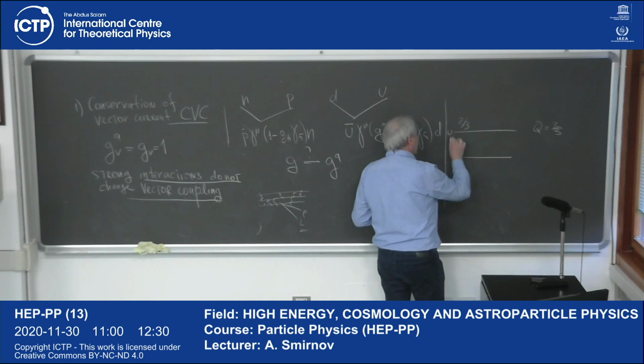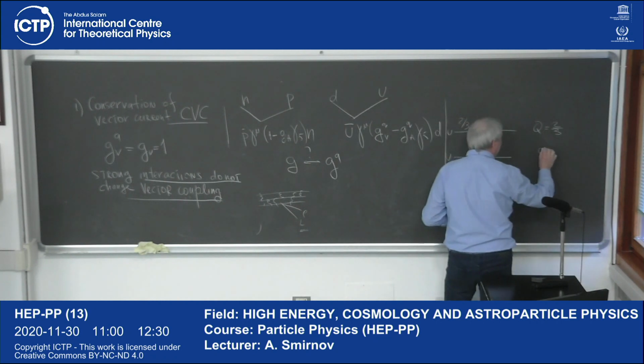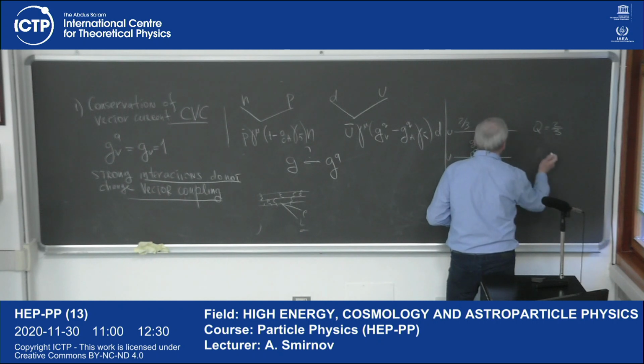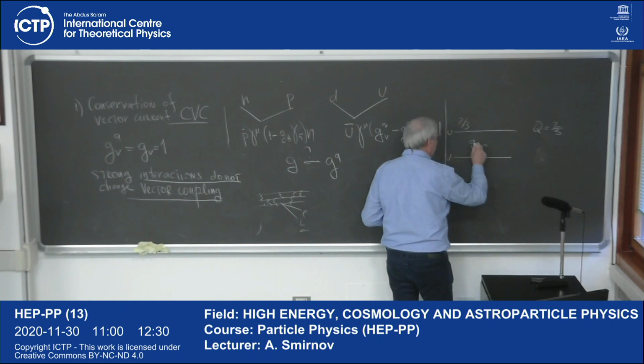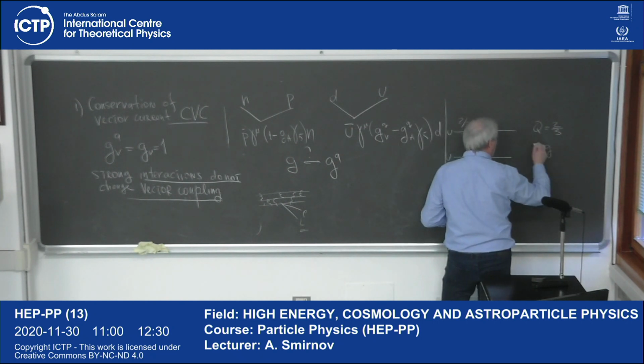According to strong interactions, the U quark can emit a gluon, which is a neutral particle. So that's the gluon.